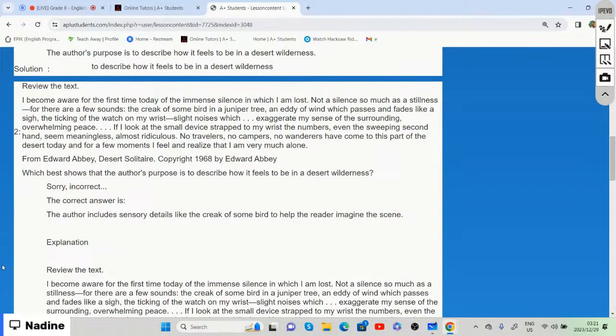So, also, when it comes to the text that we have just read, the author also includes a few sensory details, right? That he had encountered, or that he can hear, or that he could see, right? And he made sensory details like the creak of some birds, right?